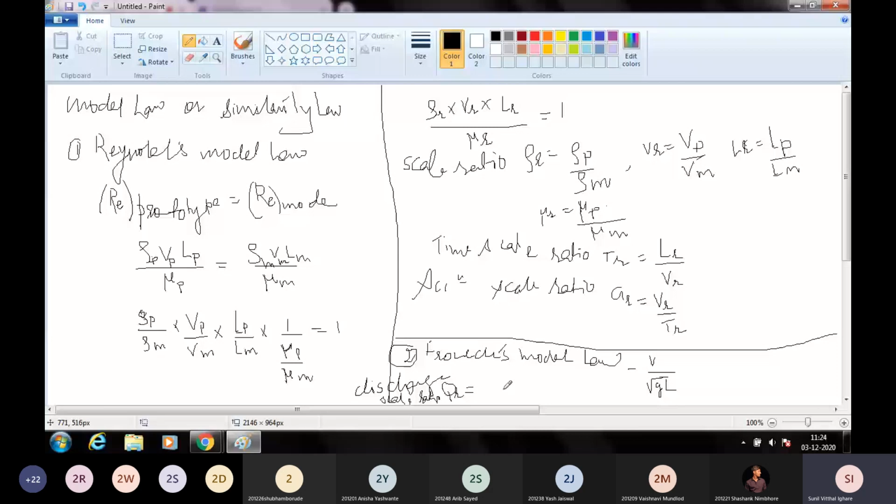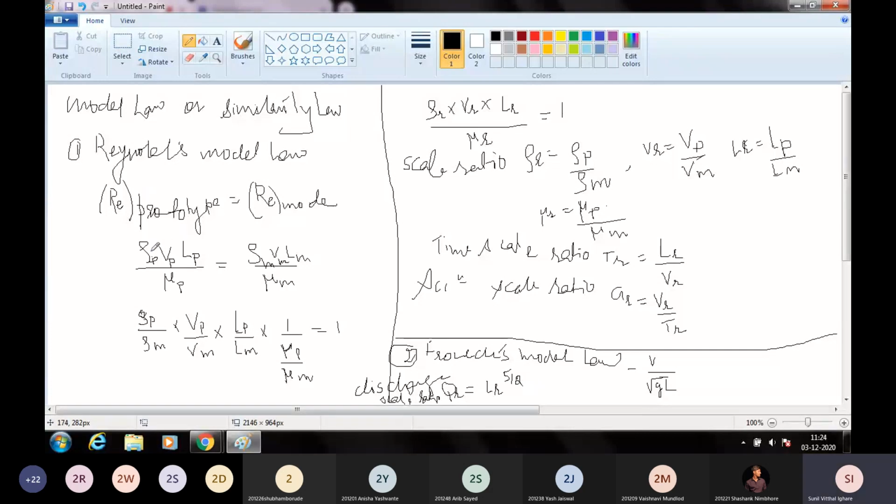So QR is equal to LR raised to 5 by 2. See how it comes in the textbook; it is not much difficult. Then we will see some problems based on this.